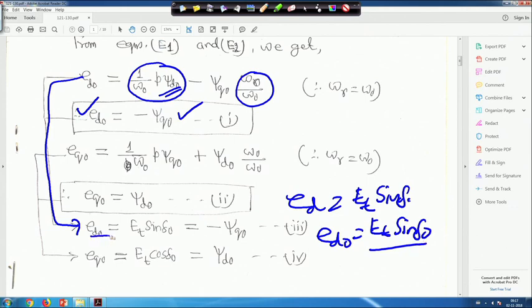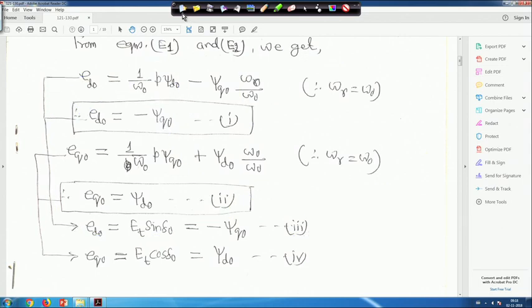That is why ED0 is written as ET sin delta 0, and that is nothing but this one, minus psi q0, right. So this is equation 1, similarly this is equation 2, we will come to that, and this is 3, then this is equation 4, written like this.